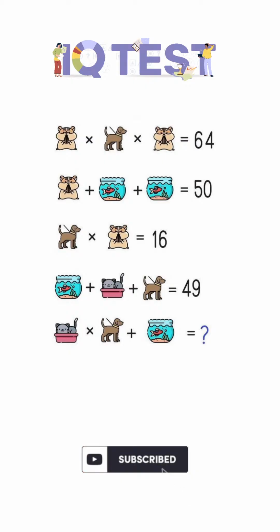So yes, the hamster over here is 4. Then we have the dog. The dog is also 4. Okay. Then we have the aquarium.